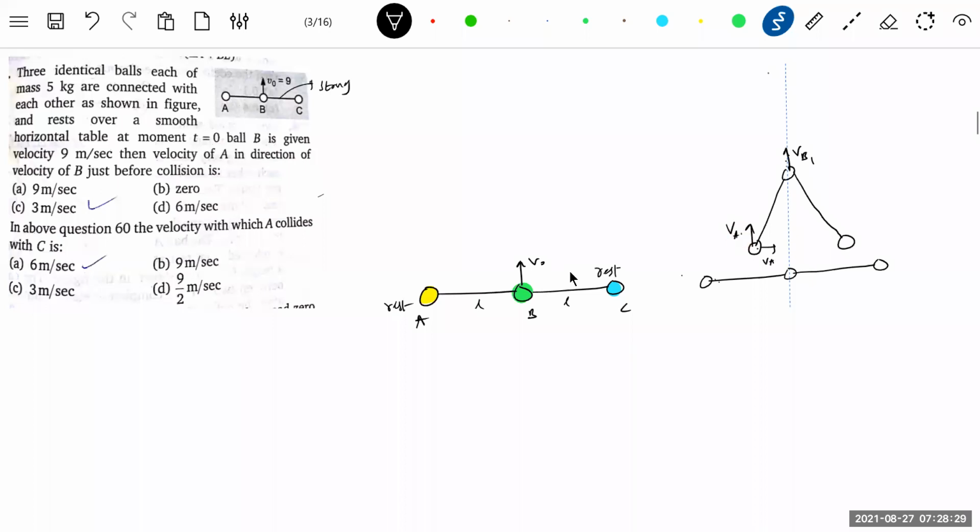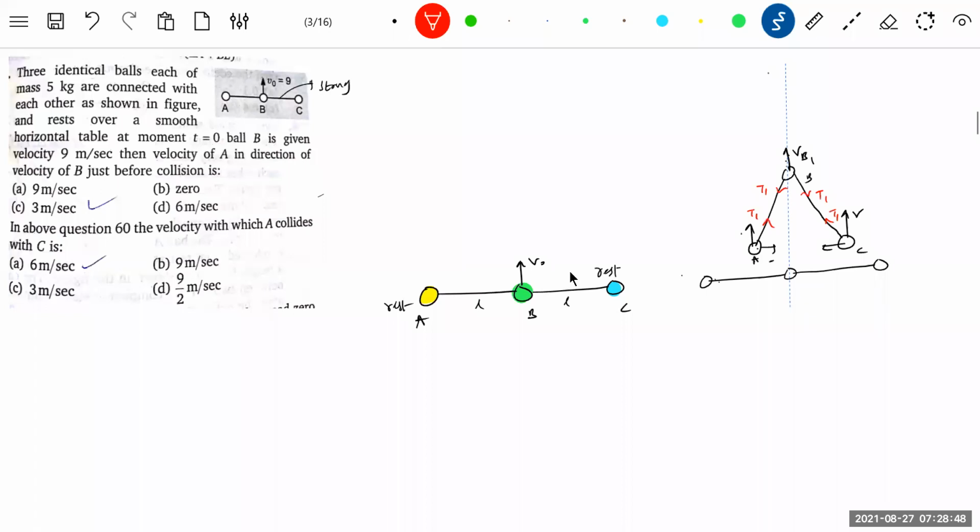I'm showing the components of velocities for A, B, C, and definitely a tension will be acting. The string will be taut, called tension T1.